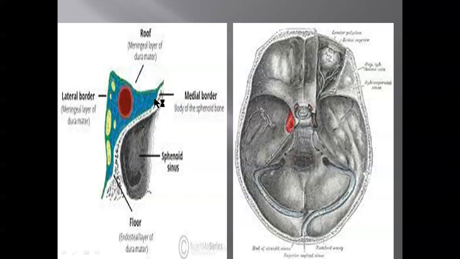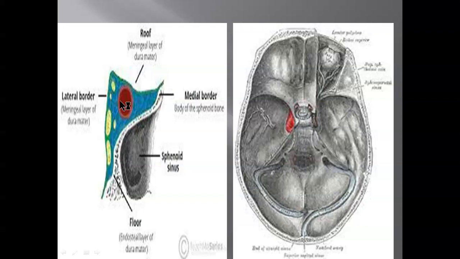Now let's talk about the cavernous sinus. As we can see, here is the region. This is bilateral on the sphenoid body. Here we have the sphenoid body with the dorsum sellae, and the sella turcica over here with the pituitary gland and the stalk in the center. So the cavernous sinus is located bilaterally on either side of this area, the body of the sphenoid bone.